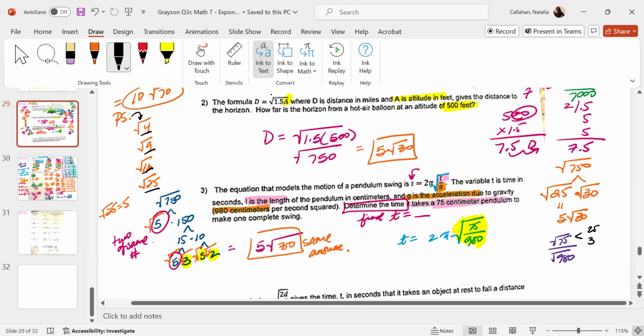Square root of 25 gives me a 5, but that 3 stays inside. So that's the numerator. Denominator: which one of these, 4, 9, 16, and 25, is a factor of 980?